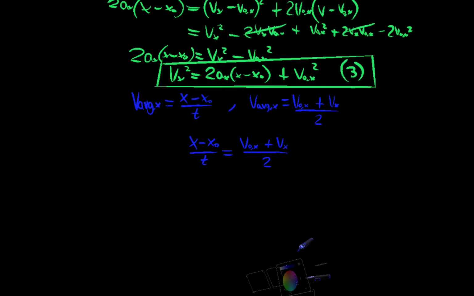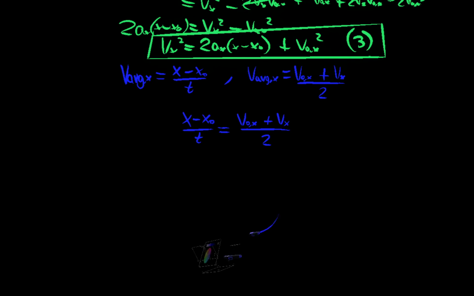So you equate those, and we'll bring the t on over, and so you have x minus x naught is equal to v naught x plus v x divided by 2 times t.